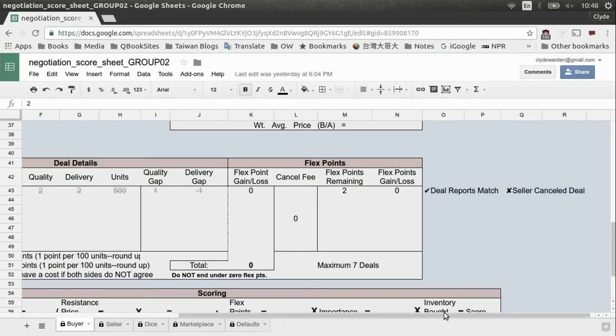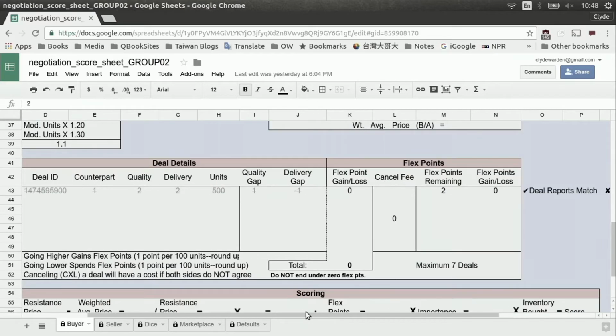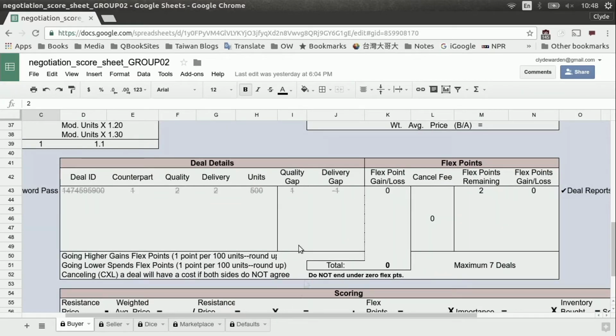The deal reports match. But then what happened? The seller canceled the deal. So any points I made from that deal, I don't make anymore. If I made a good deal and I had gained some flex points, those flex points would now be not gained. I don't lose anything though, because I'm not the one that canceled the deal.